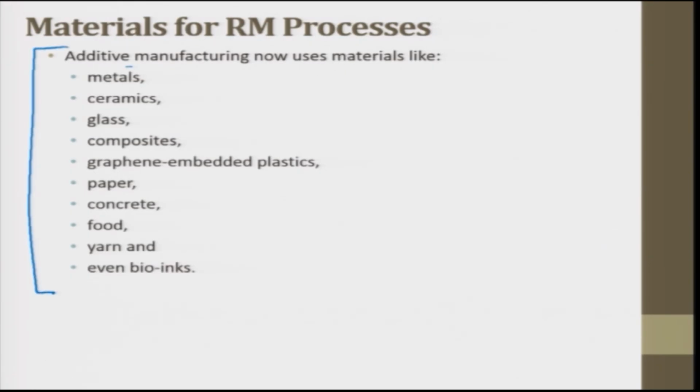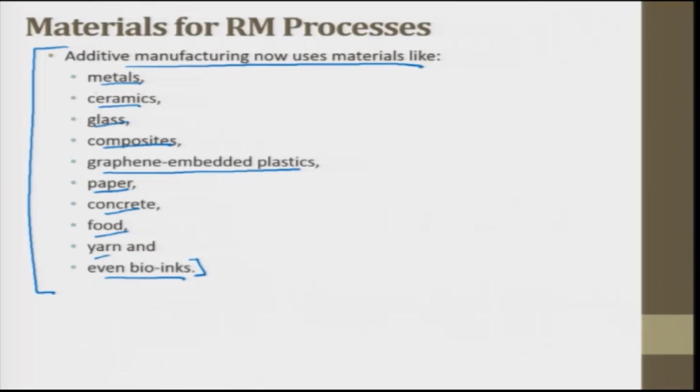Additive manufacturing now uses materials like metals, ceramics, glass, composites, graphene embedded plastics, paper in laminated processes, concrete, maybe food, yarn and bio-inks. Bio-inks are used to produce parts, for instance the ear that we showed in the very first slide for portraying the direct and indirect rapid manufacturing processes.